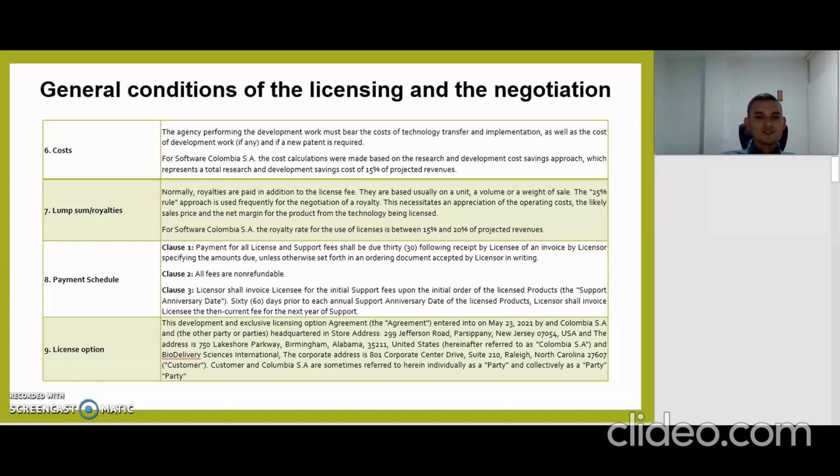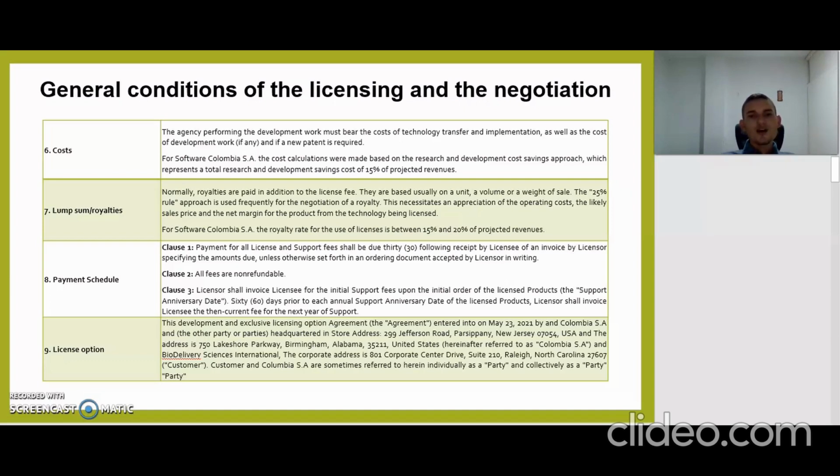And the following items are payment scheduling. Clause 1. Payment for all license and support fees shall be due 30 days following receipt by licensee of an invoice by licensor specifying the amounts due, unless otherwise set forth in the ordering document accepted by licensor in writing.